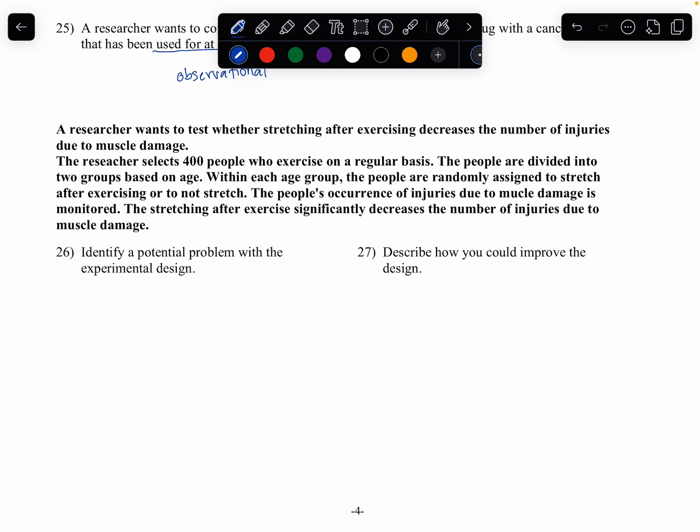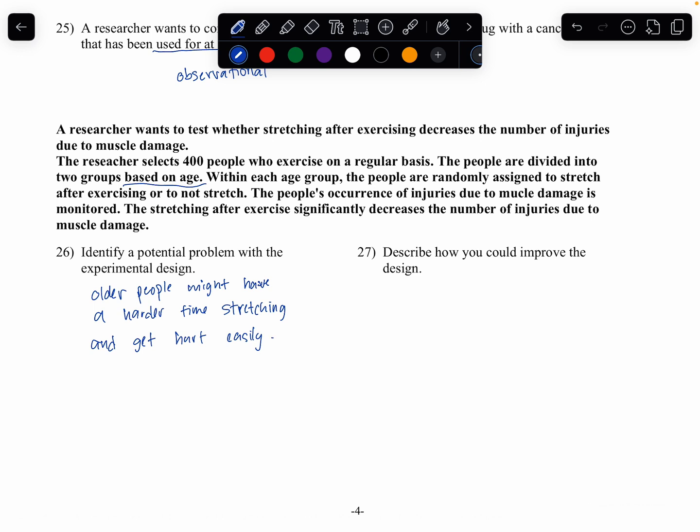So they divided the people by age for stretching, and people that are older generally have a harder time stretching. So I would say older people might have a harder time stretching and could get hurt easily.